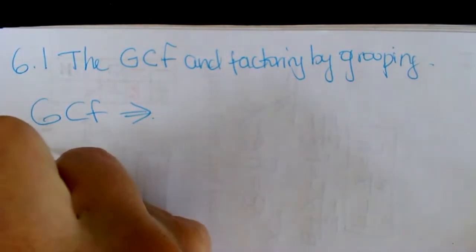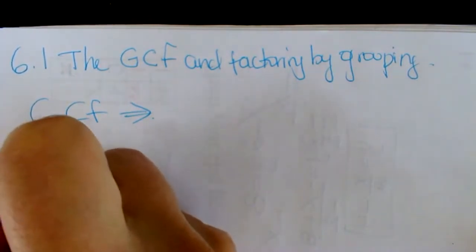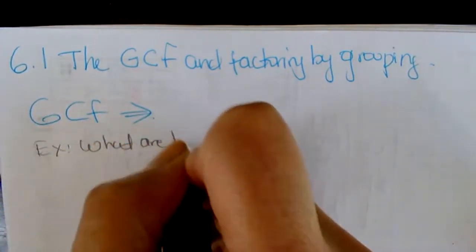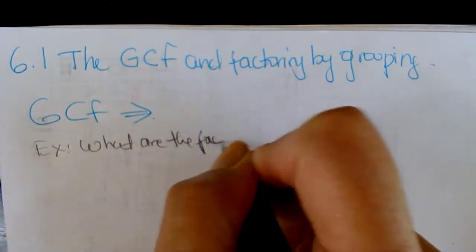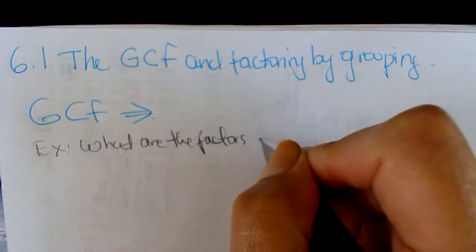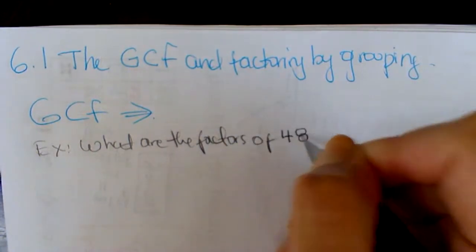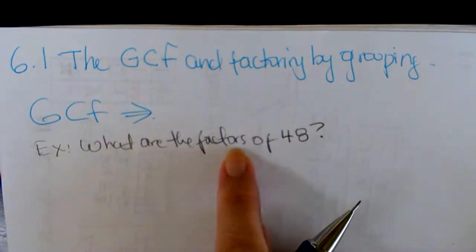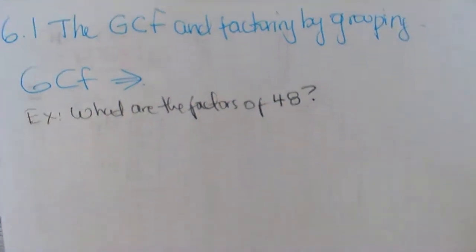So this is the first example. What are the factors of 48? What are the factors means, in other words, what are the numbers multiplied to 48? That's what we're trying to find.